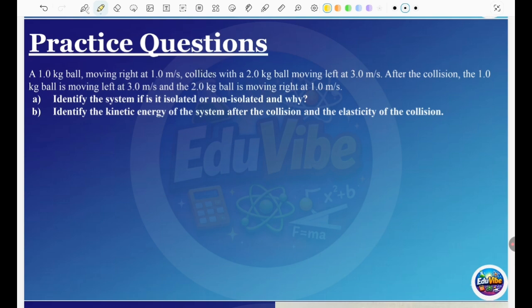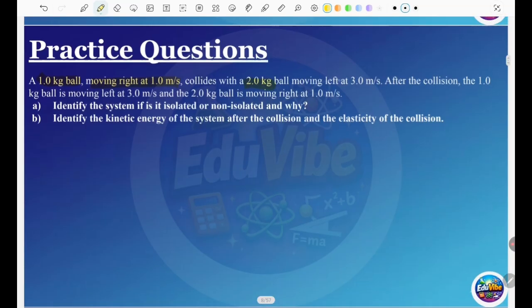In this, they mentioned that a 1.0 kg ball moving right at 1.0 meter per second collides with a 2.0 kg ball moving left at 3.0 meter per second. So here you have mass 1, here you have mass 2, here you have V1I, here you have V2I. This is positive, this is negative.